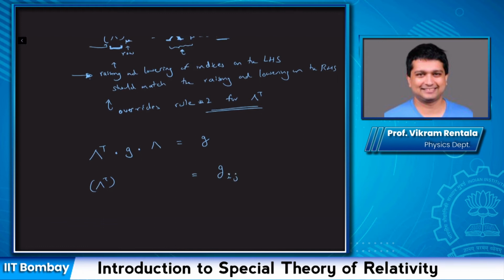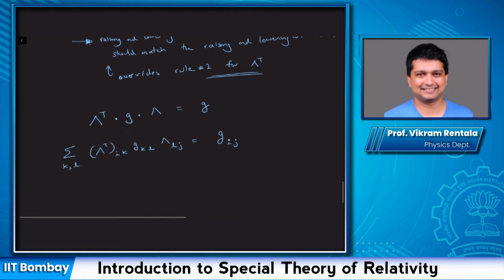And over here we would have lambda transpose ik gkl lambda lj, where I summed over the indices k and l. Now let's drop the summation at the end so that it's clear what we're doing. So let's keep the summation over k and l.